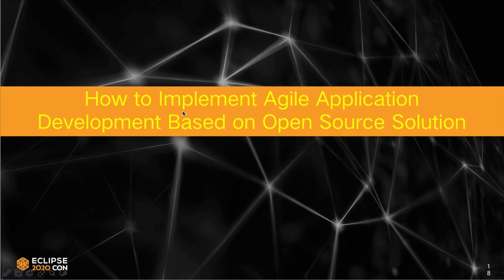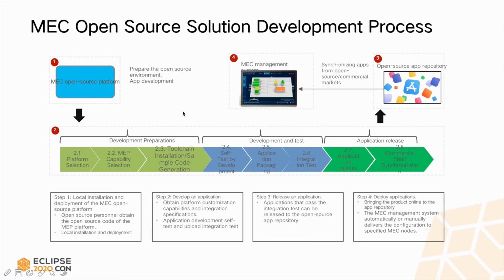Okay, now comes the last part of my presentation. In this part, I will give an introduction of how to implement edge application development based on the open source solution. Basically, it requires 4 steps to develop and publish your own application on this open source platform.